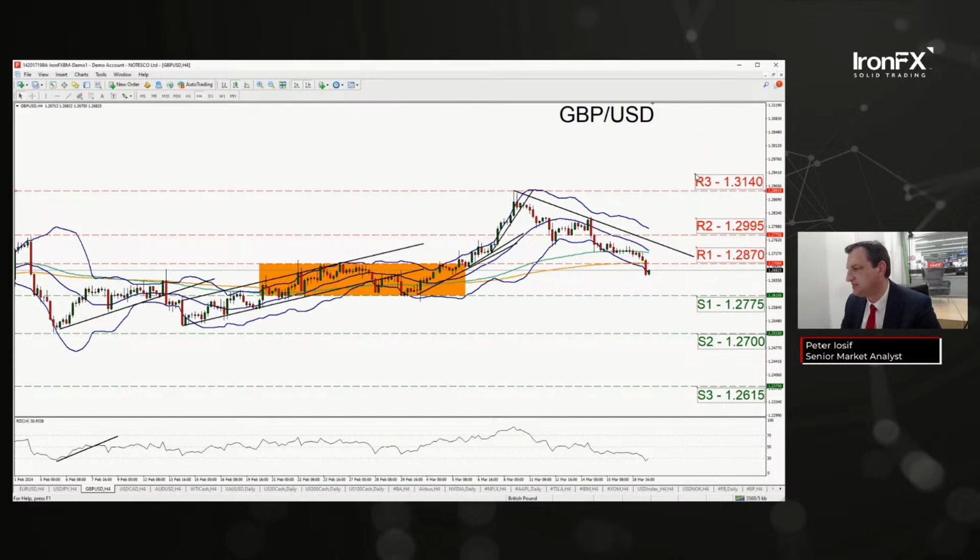Now, on the fundamental side, we expect the pound to be influenced by two elements, and that would be the release of UK CPI rates and at the same time I would be highlighting actually BOE's interest rate decision on Thursday.